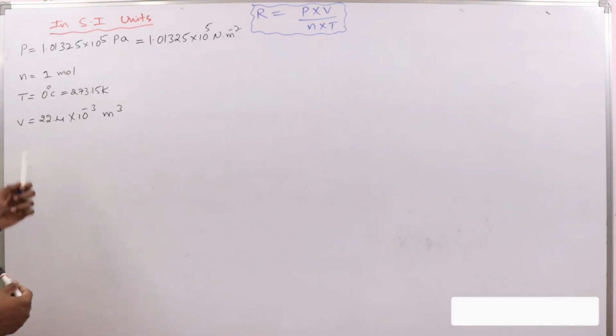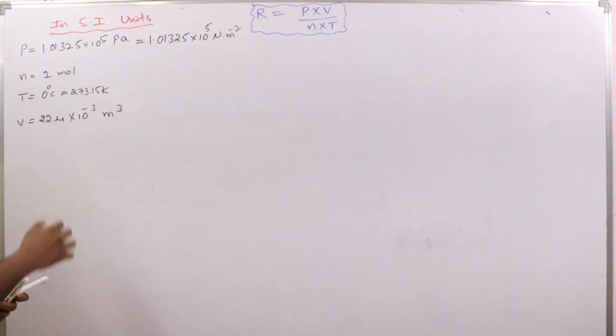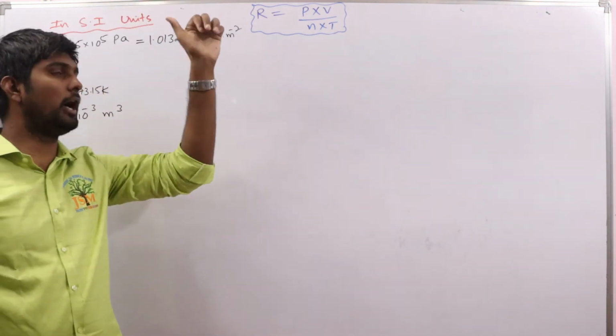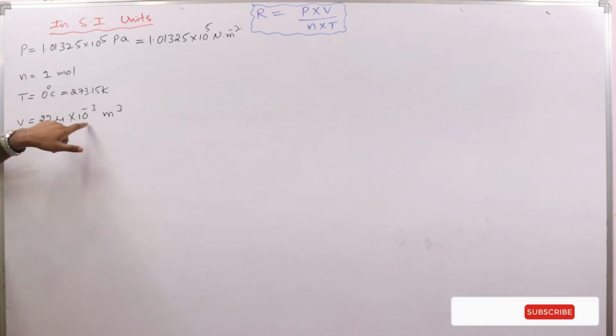See here, when we take pressure in Pascal or Newton meter power minus 2, we get the SI units for the R value. And volume is 22.4 into 10 power minus 3 cubic meters. Clear?